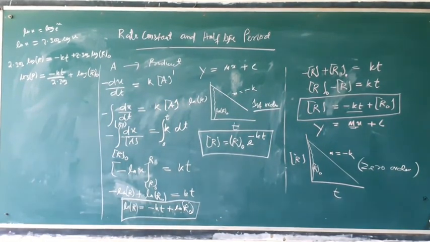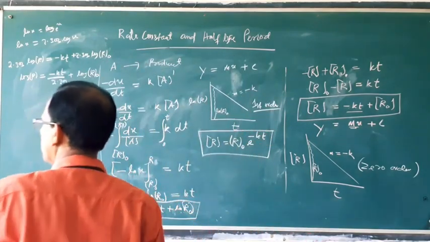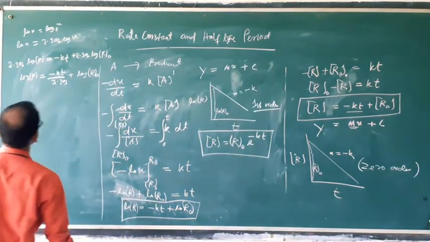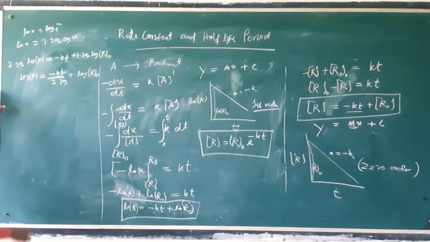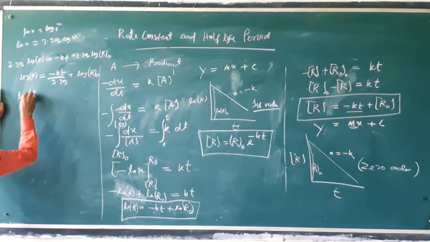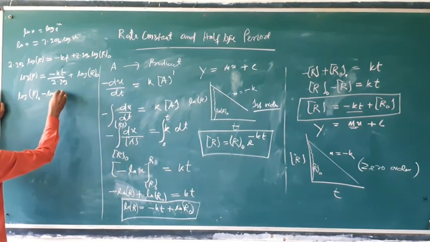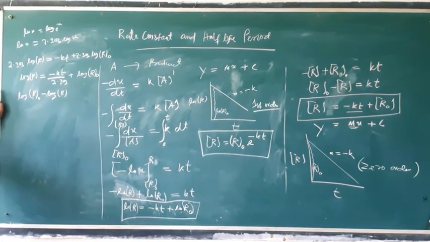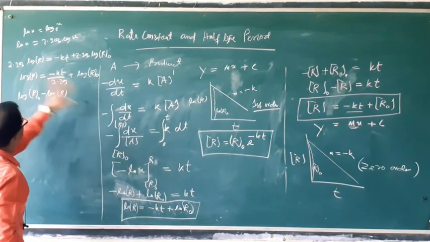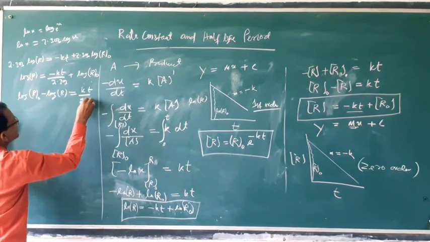Same formula, we are only changing it into different forms. Then if you arrange it, log r0 minus log r is equal to kt by 2.303.